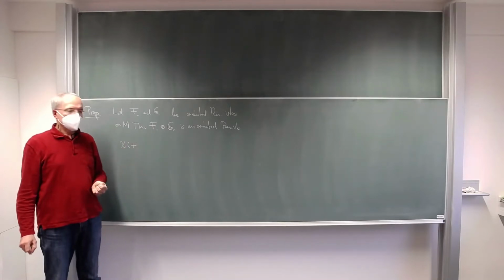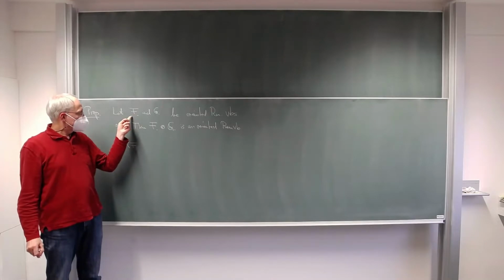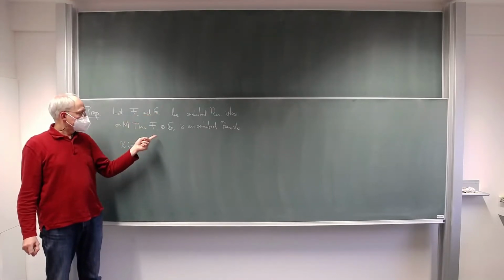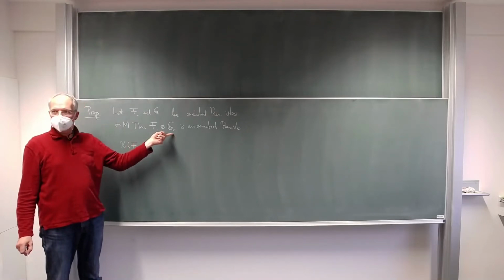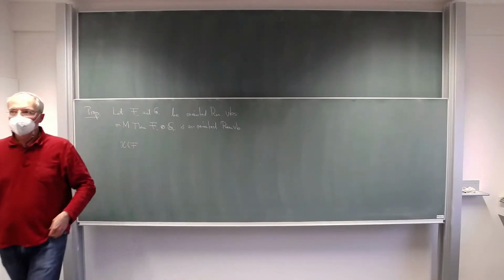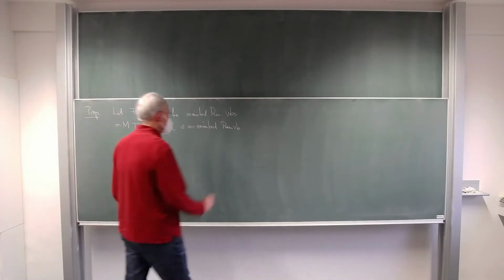And the orientation is such that if you take an oriented frame for F and an oriented frame for G, then the concatenation, first the oriented frame for F followed by the oriented frame for G, is declared to be positively oriented. So this is the canonical way to turn the sum again into an oriented Riemannian vector bundle.